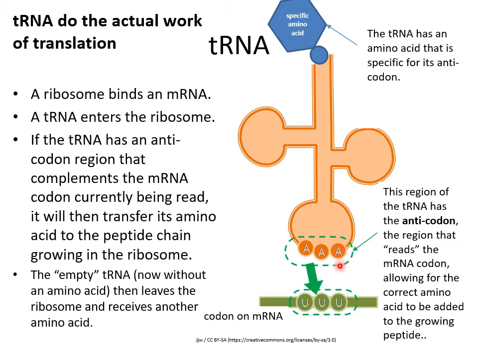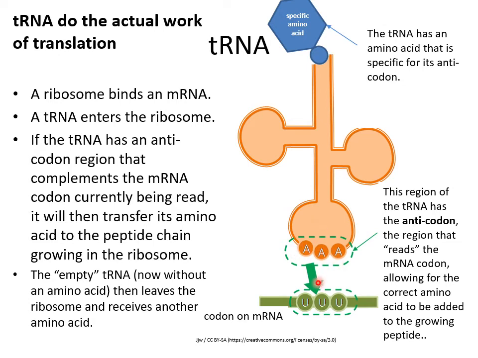These anticodons bind to codons. A always binds to U. C always binds to G. So whatever the anticodon is here, the codon on the mRNA is UUU. So very simply, we need AAA here.